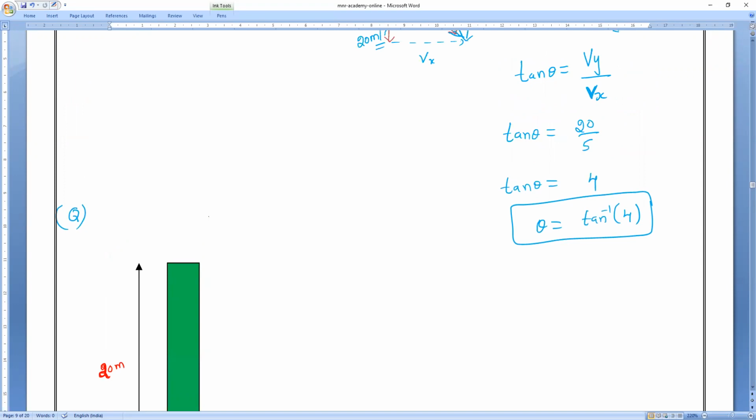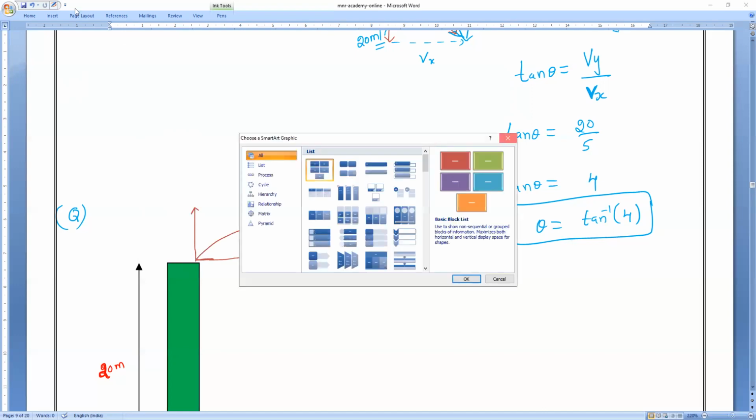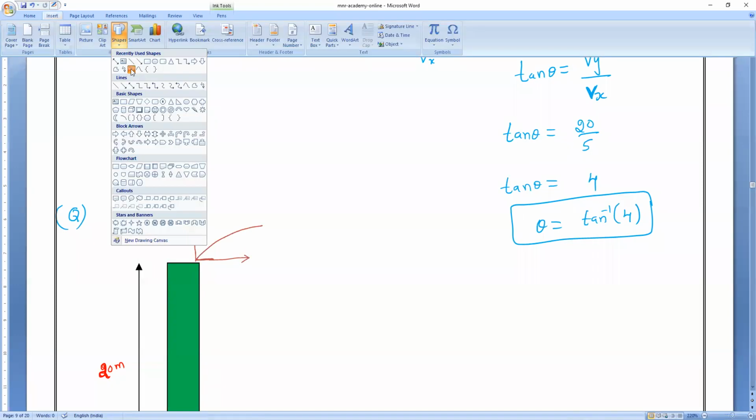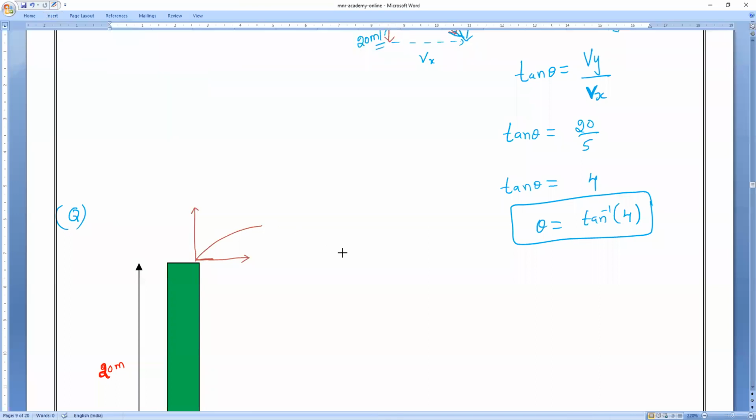Observe very carefully: this is the x-axis and this is the y-axis. So a ball is projected with an angle. I'll draw the shape perfectly so that you can observe.